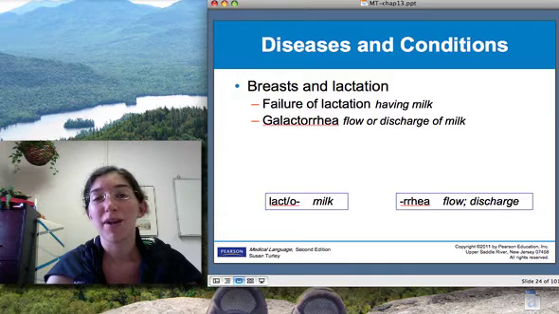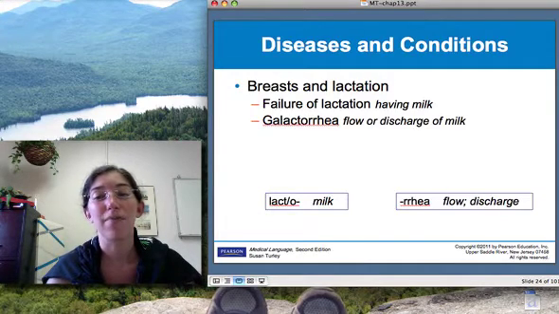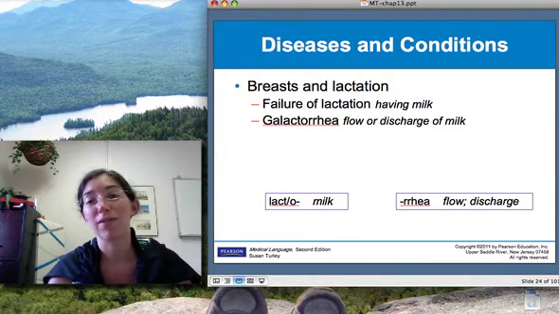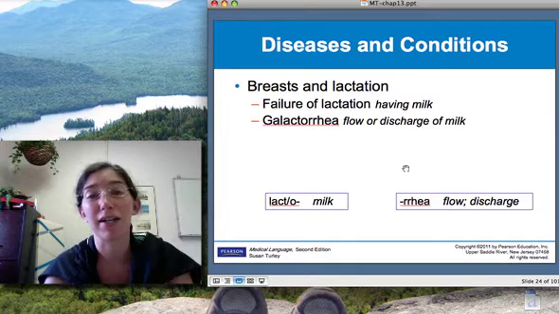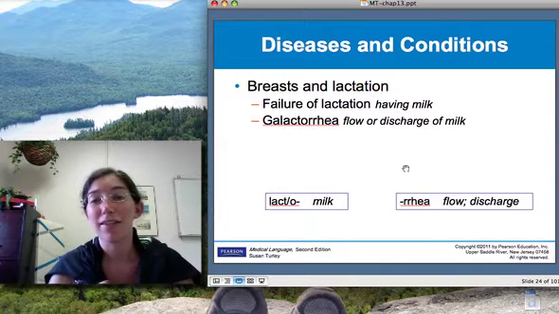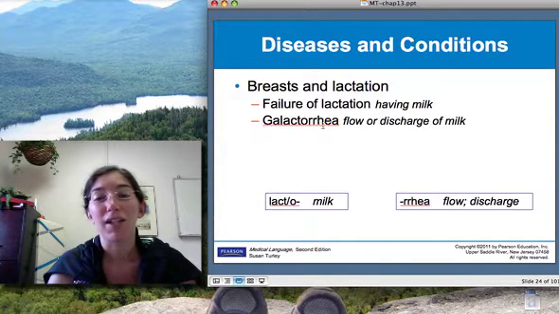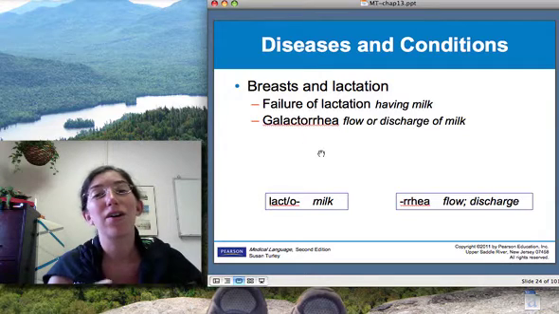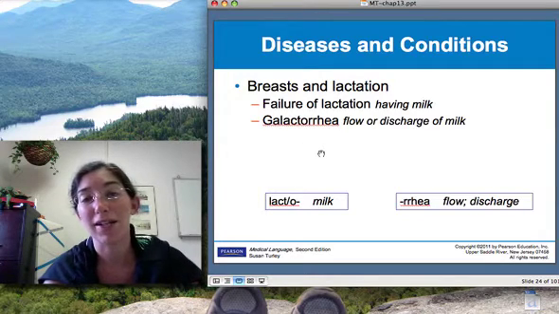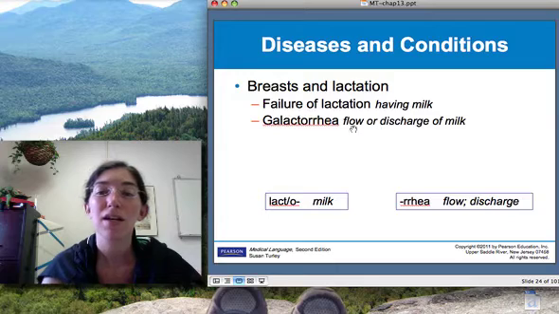Also, diseases of the breast that affect lactation. You can have galactorrhea, which is an excess flow of milk. So rhea meaning like diarrhea. Excess flow of galacto, milk. So lacto, galacto, both of those are combining forms that mean milk.